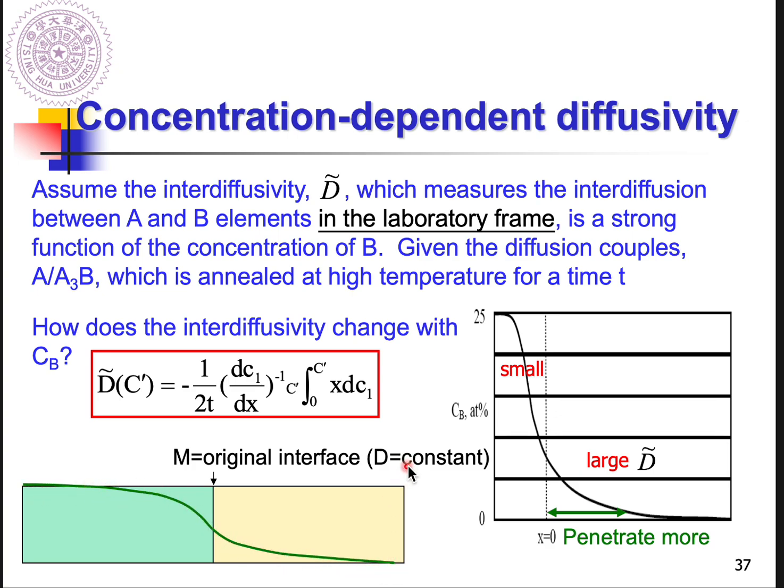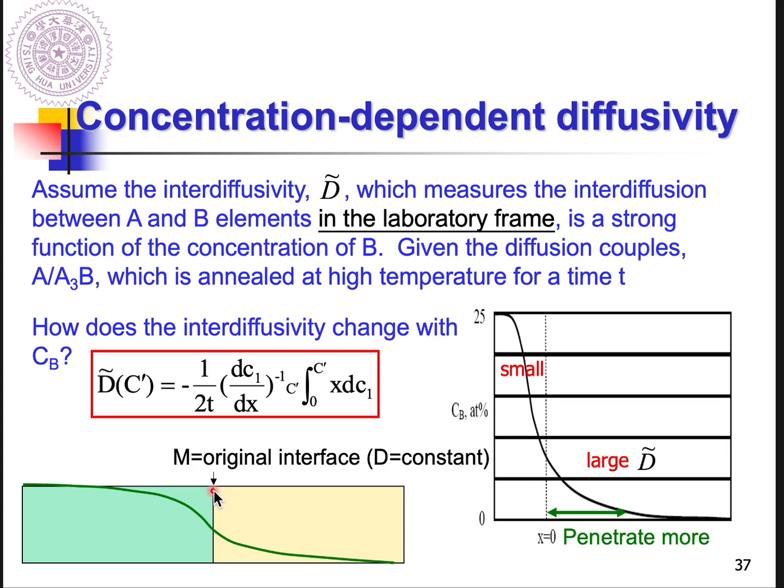If D is constant, you can observe this curve. This profile is a symmetric curve, and the original interface is the Matano interface, because this region will always equal this region. So the original interface will be the same as the Matano interface.